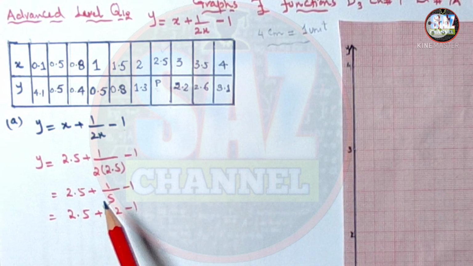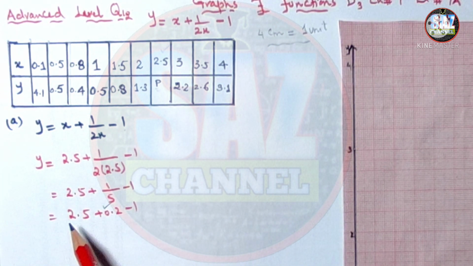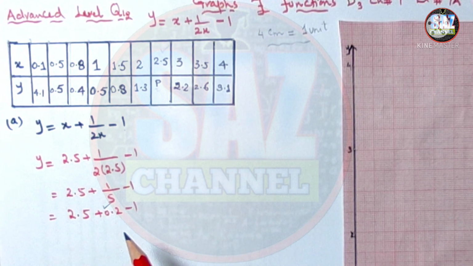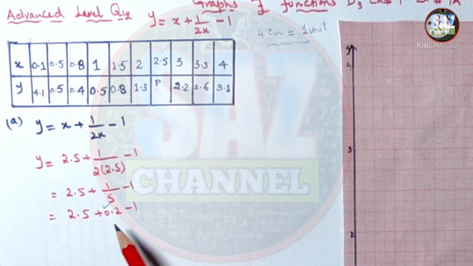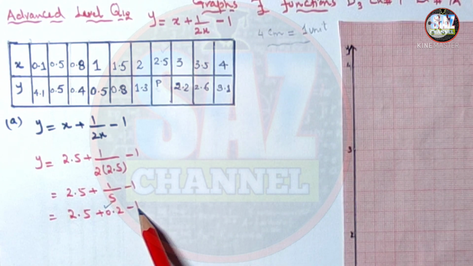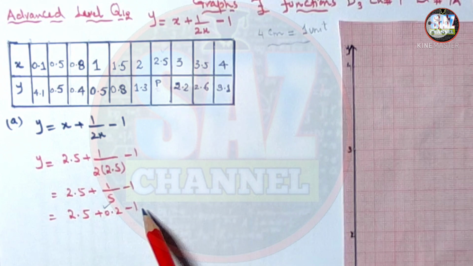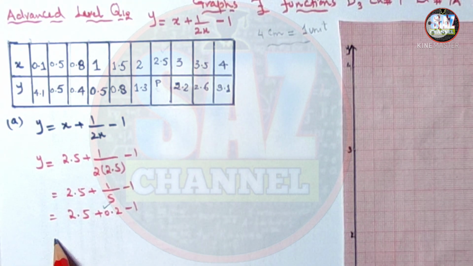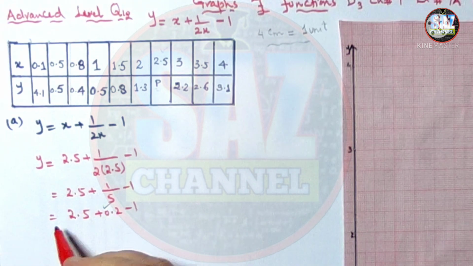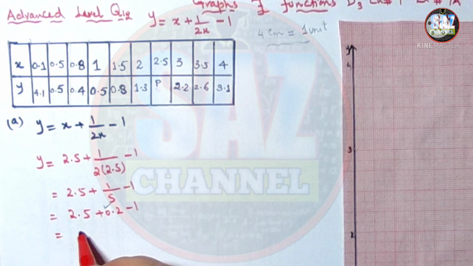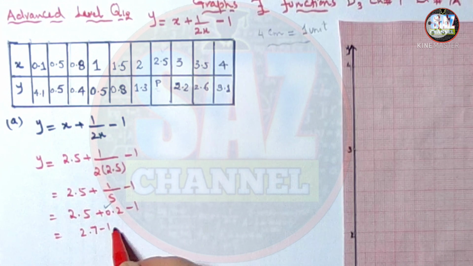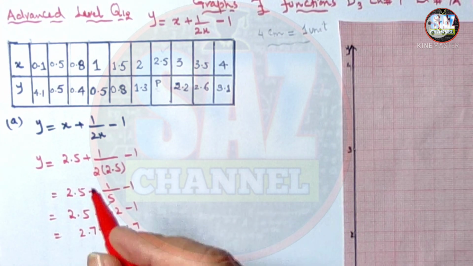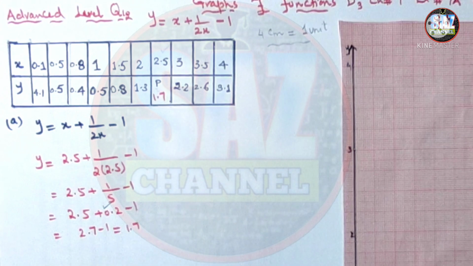Now 2.5 minus 1 is 1.5, plus 0.2 gives 1.7. So 2.7 minus 1 is 1.7, and the value of p is 1.7. Now my table values are complete, and then I have to go for the drawing of the graph.